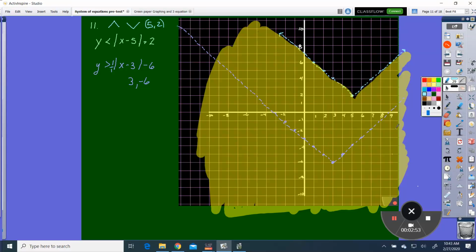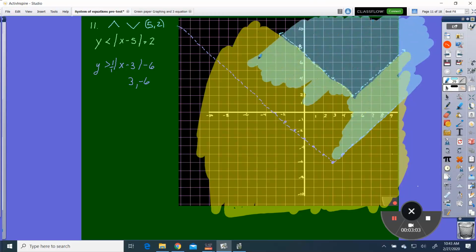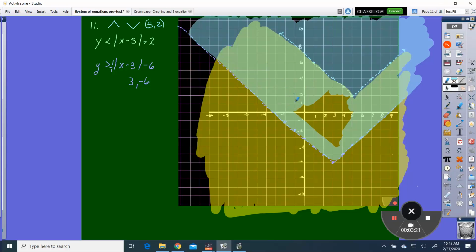So it'd be everything above this line. So it's everything that was above the line.